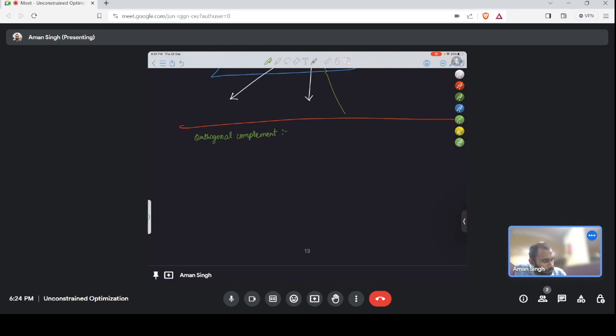So, orthogonal complement. Let me write the definition and then I'll explain.